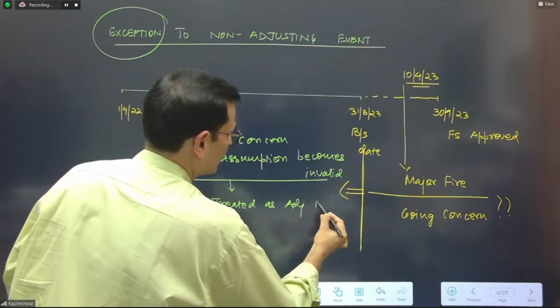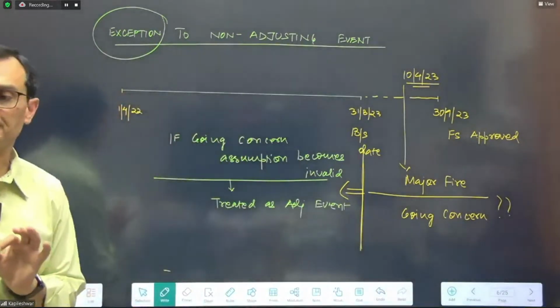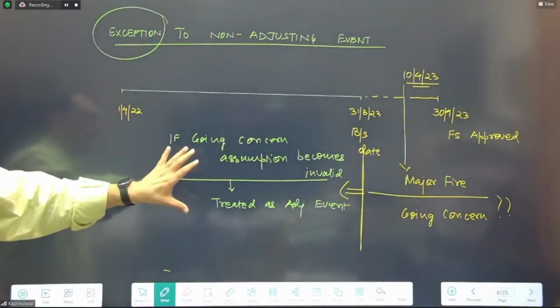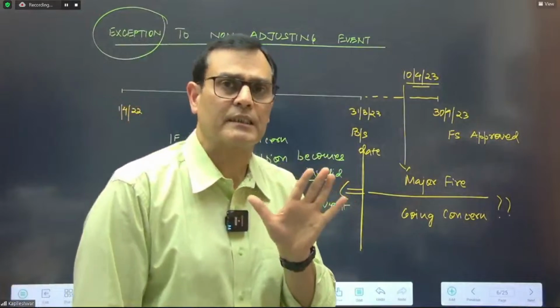It is treated as an adjusting event even if there is no condition on the balance sheet date. The condition is not present on the balance sheet date, but still it is considered to be adjusting in nature.